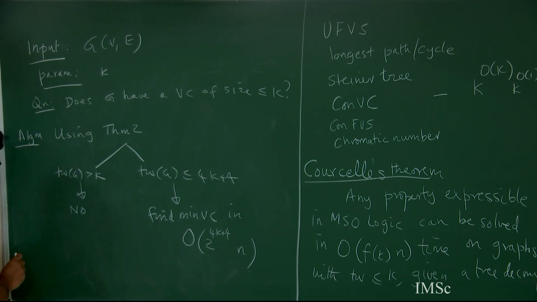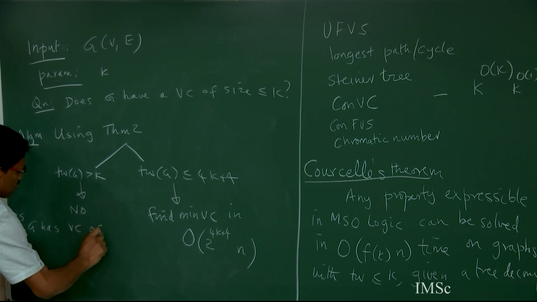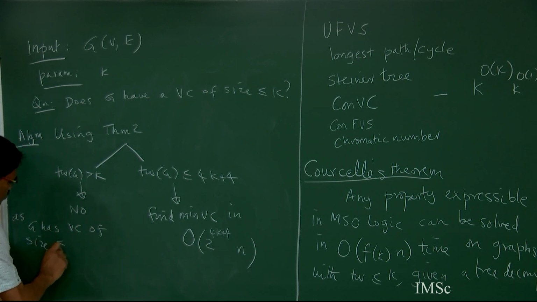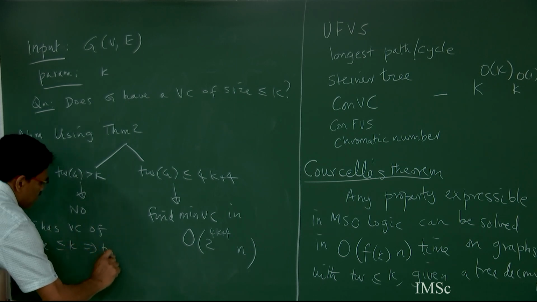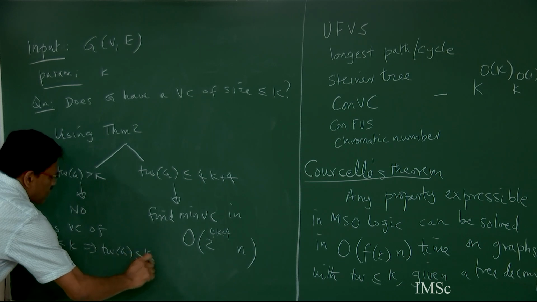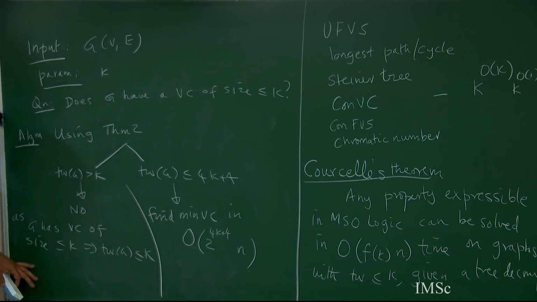So, G has a vertex cover of size at most k implies tree width of G is at most k. To show this, what do you have to do? Give me a tree decomposition whose width is at most k. Suppose the graph has a vertex cover of size at most k.